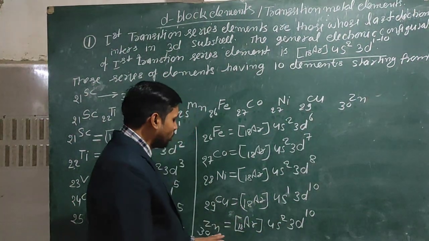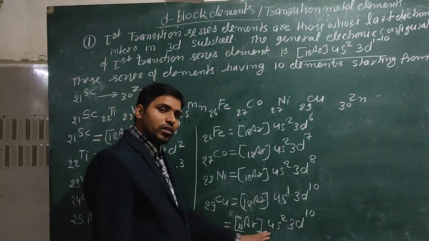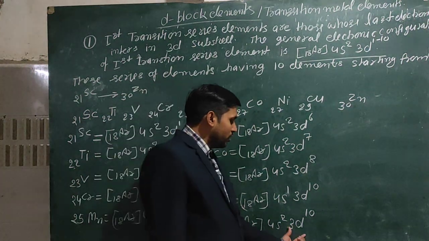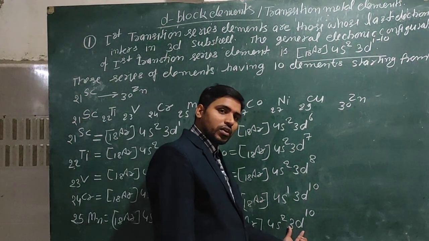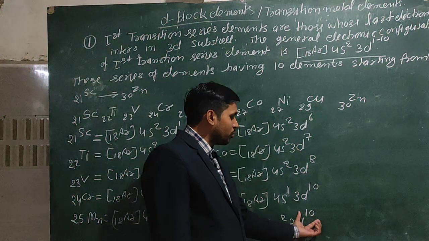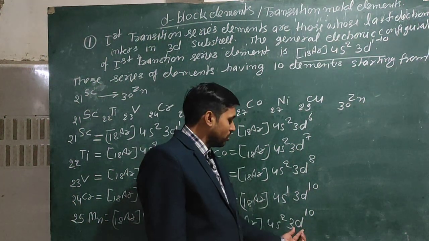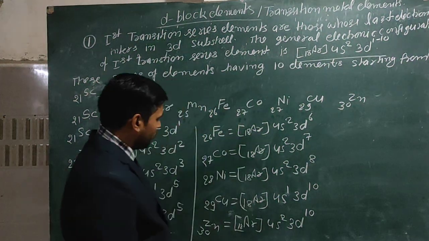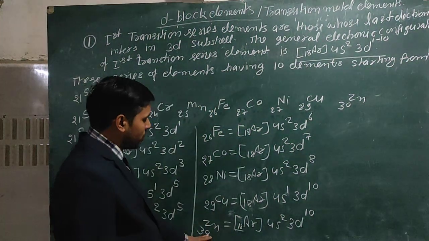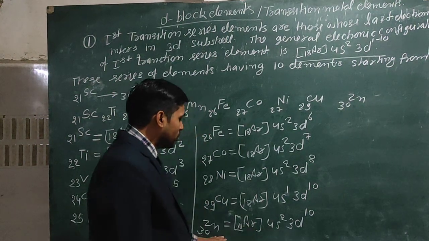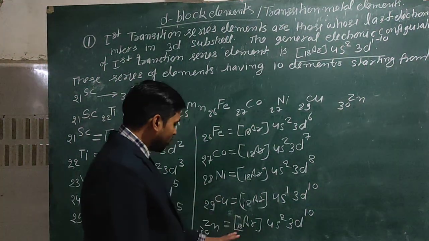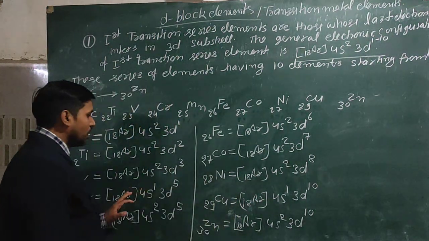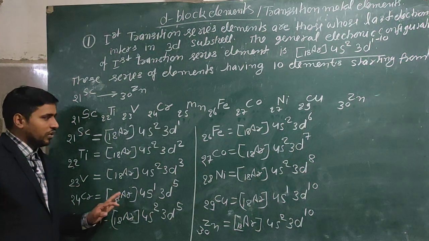It is known only as a d block element, because its d subshell or d orbitals are completely filled. Thus it is unable to exchange its d electrons. Therefore it is known as a non-transition metal of the first transition series. Except this, all the elements are transition metal elements.